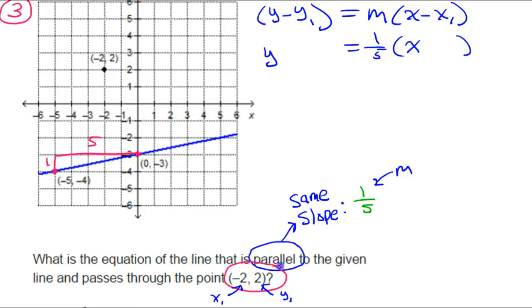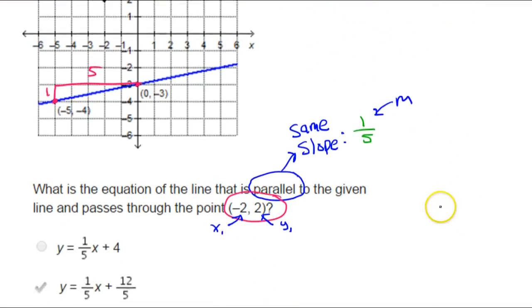So this is a +2, so I will put -2 right there. This x is a -2, so I will put +2 right there. So this is an equation for the line that is parallel to this. If they want the line to be in point-slope form, that's it.